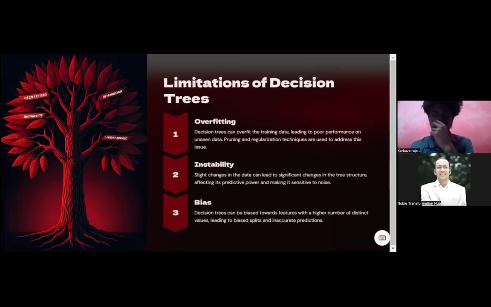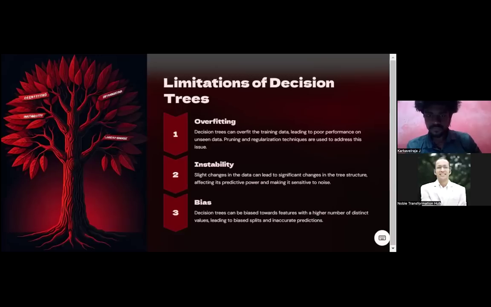Then bias. A decision tree can be biased towards features with a higher number of distinct values, leading to biased splits and inaccurate predictions.